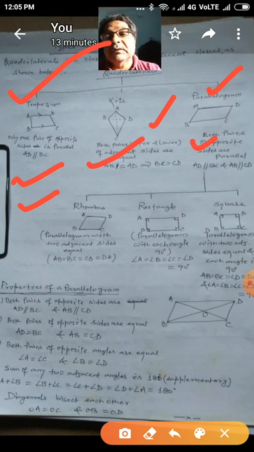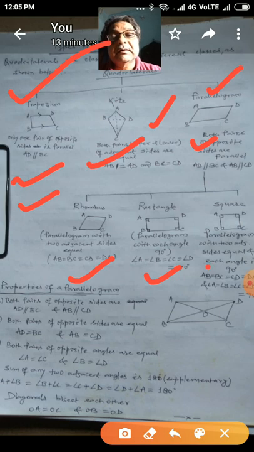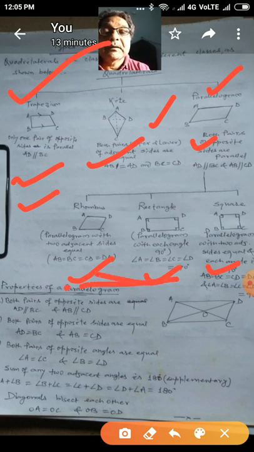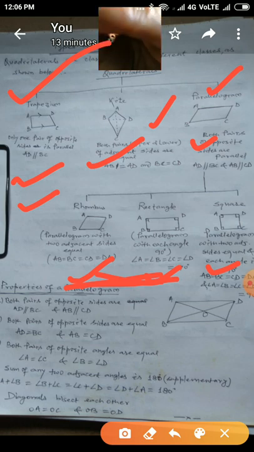One is known as rhombus, another is rectangle, and the third one is square. Now, students, see here, all these three, namely rhombus, rectangle, and square, they are basically a parallelogram. So they are the members of this family, parallelogram. Obviously, all these are the members of quadrilateral family.